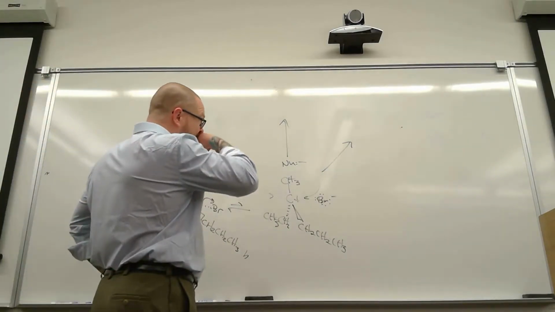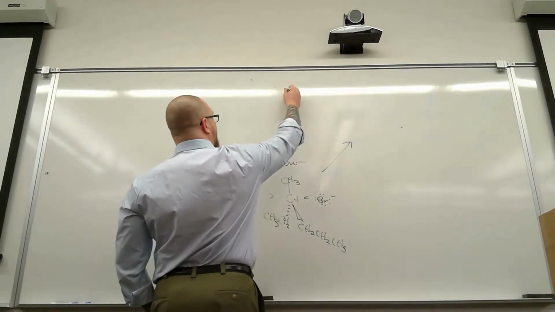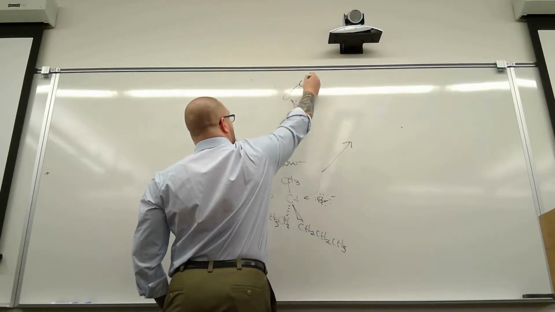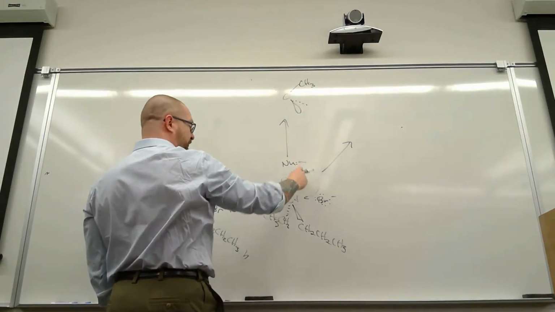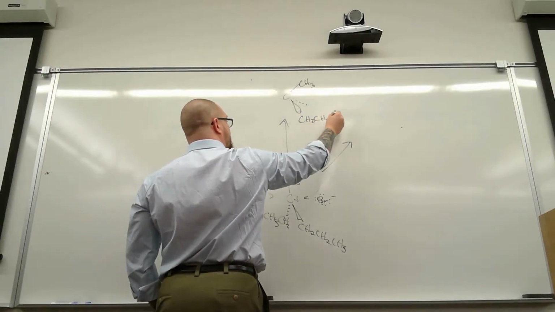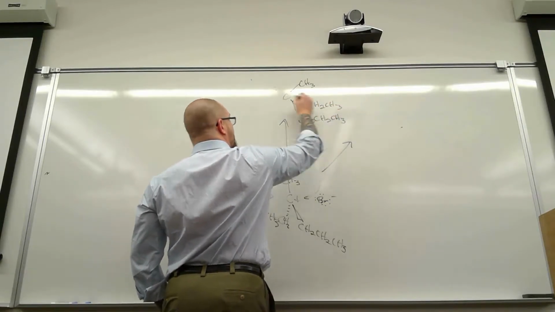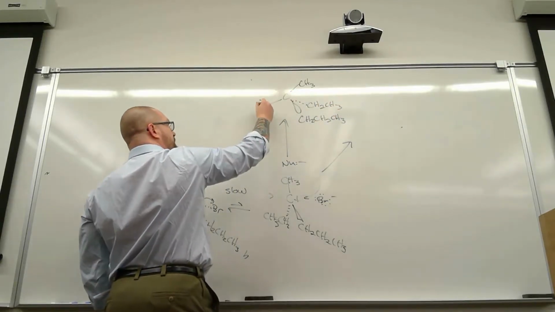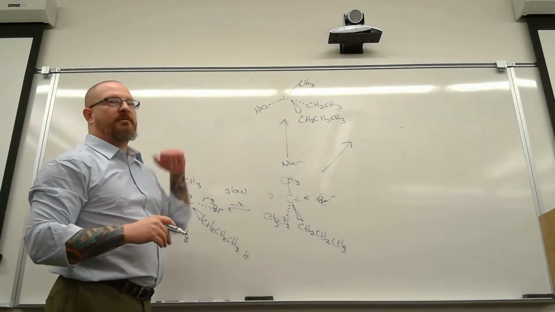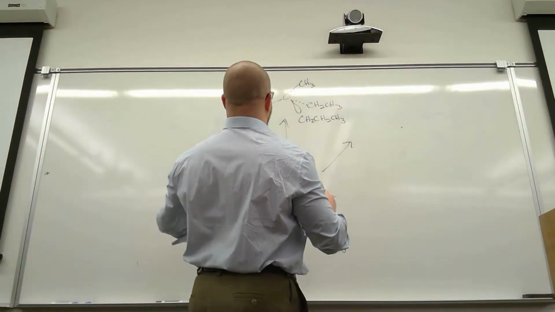So let's see here. What would be slightly favored would be attacking from here. So the methyl would get pushed over, this wedge, the propyl group. And this is after the second step as well, so we just add the hydroxyl group.